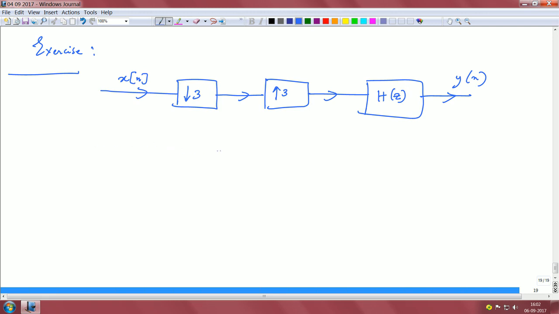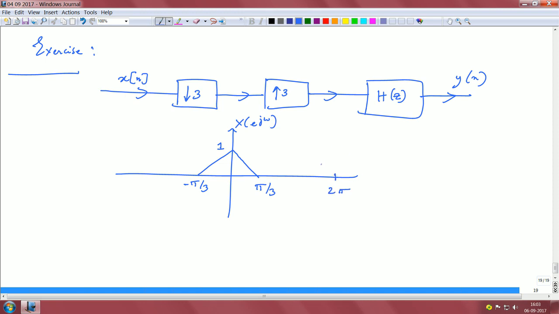Suppose the original signal has a spectrum which looks like this, minus π/3 to plus π/3, same example we considered last time, X(e^{jω}). So, this is periodic with 2π, dot dot dot on either side.